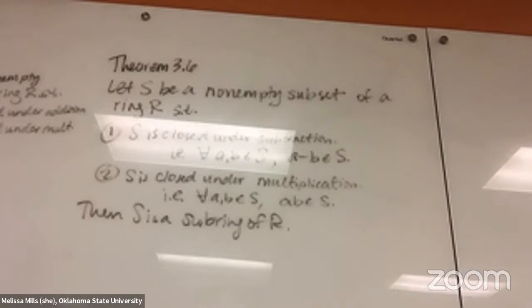The third thing is what? Do you remember? 0 is in there. Does it need to be 0_S or 0_R? 0_R is in S. Well, is that always true?